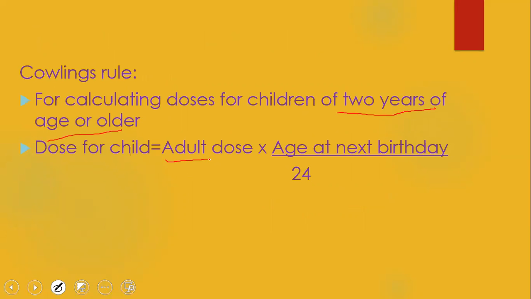Suppose the child is 5 years old now, and we are calculating using Cowling's rule. Adult dose, suppose it is X gram, into age at next birthday, means now the child is 5 years, next birthday is 6, divided by 24. This is Cowling's rule.